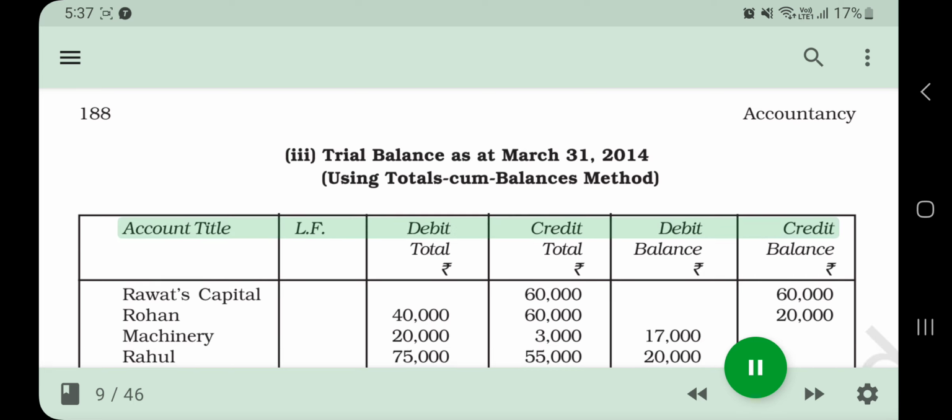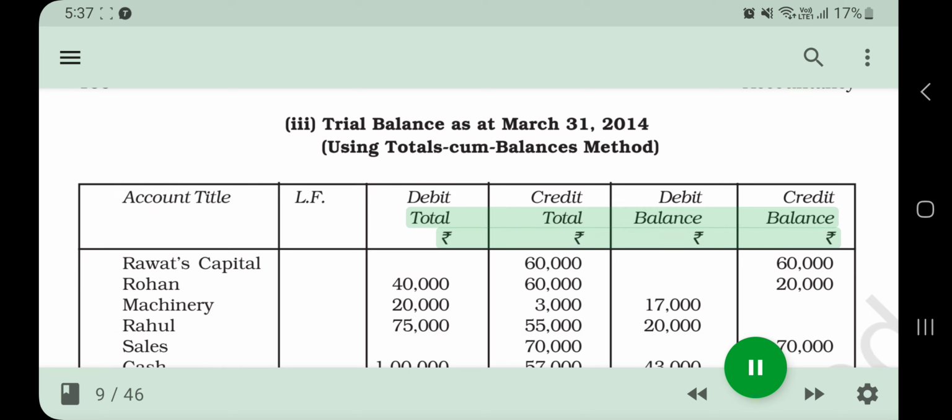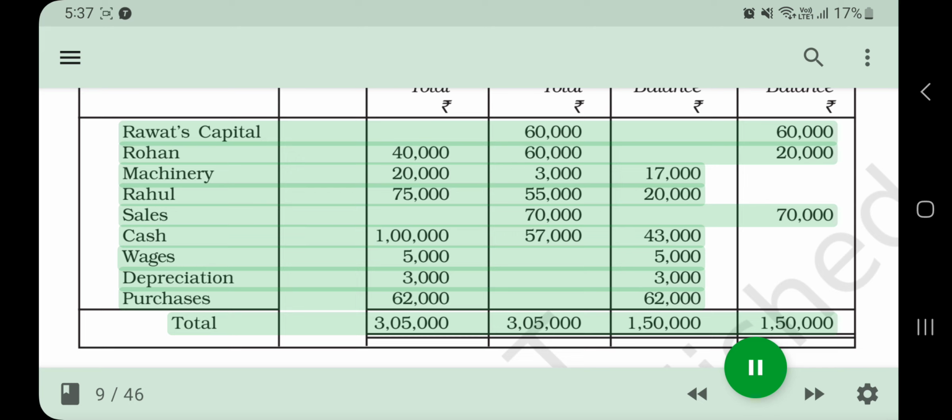Rawat's capital 60,000; Rohan 40,000, 60,000, 20,000; machinery 20,000, 3,000, 17,000; Rahul 75,000, 55,000, 20,000; sales 70,000, 70,000; cash 100,000, 57,000, 43,000; wages 5,000, 5,000; depreciation 3,000, 3,000; purchases 62,000. Total 305,000, 305,000, 150,000, 150,000.